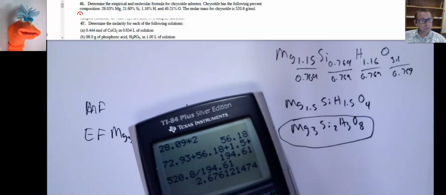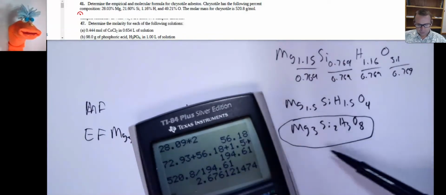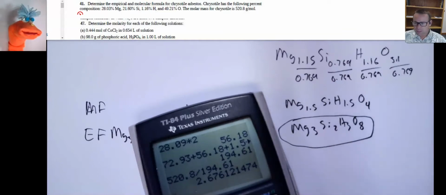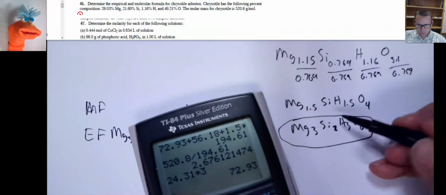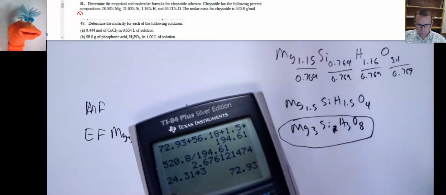Oh, 520.8. Let's add this up again. Magnesium, 24.31 times 3. Oh, there's just one silicon. There's not two.